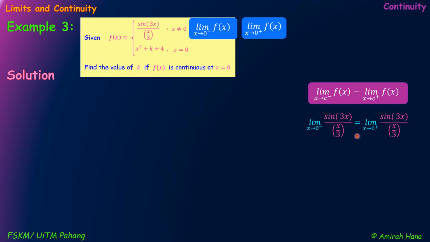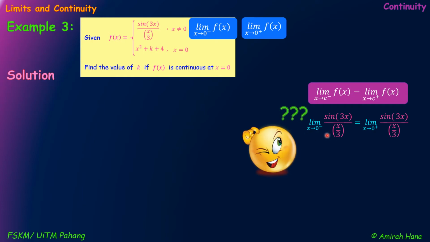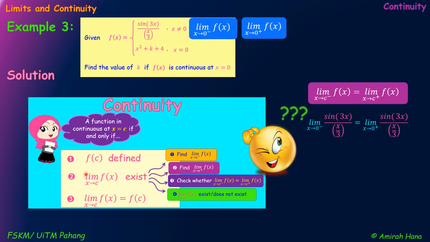But from here, since we have the same function, how can we use this formula? We recall the conditions for continuity. First, f(c) must be defined, and second, the limit as x approaches c of f(x) must exist. This formula comes from this condition. And then in condition 3 we have the limit as x approaches c of f(x) equals f(c).